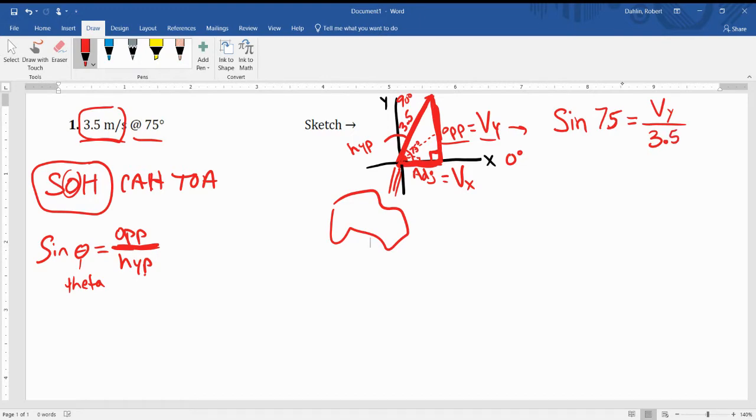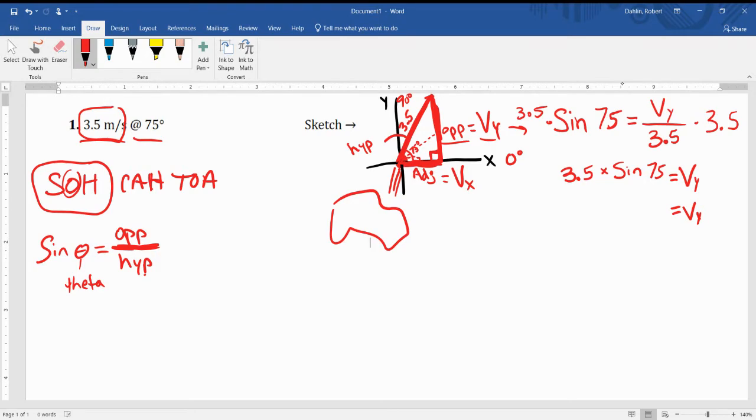Got to do a little algebra. You multiply both sides by 3.5 so we can get rid of that and get the Vy all by itself. You'll end up with Vy equals 3.5 times sine 75. When you plug that into your calculator, be careful, order is important.